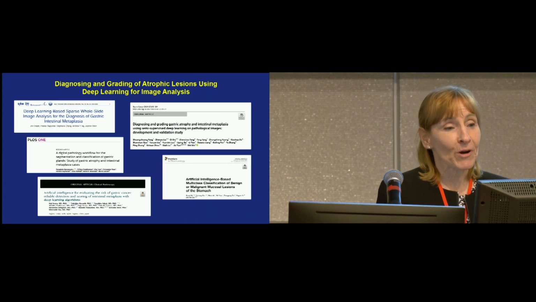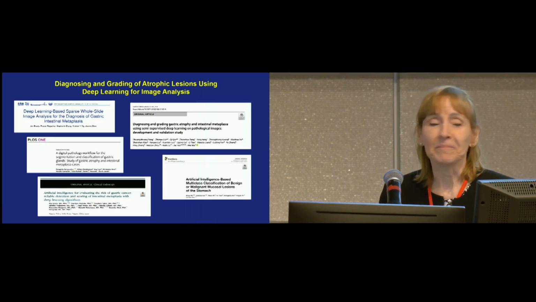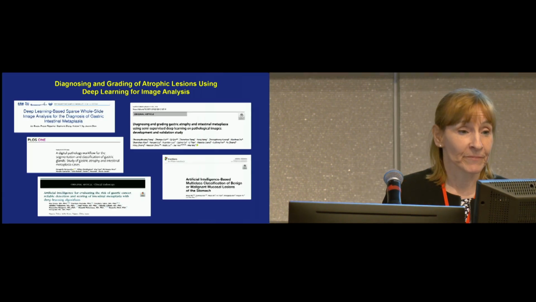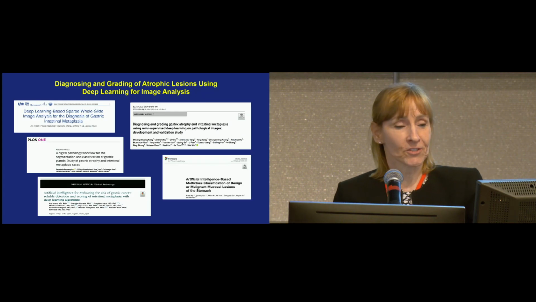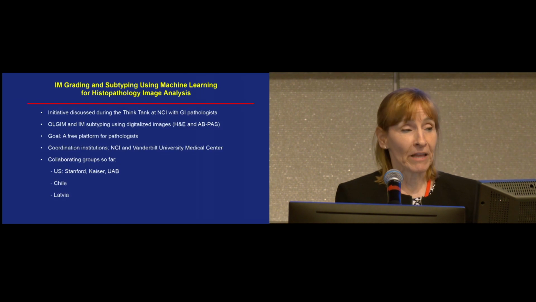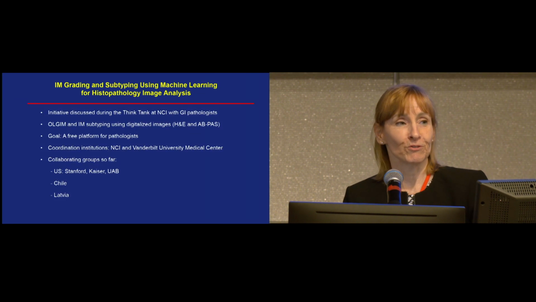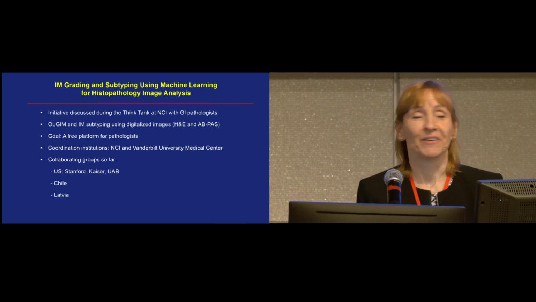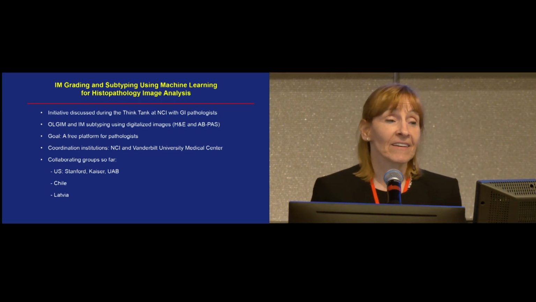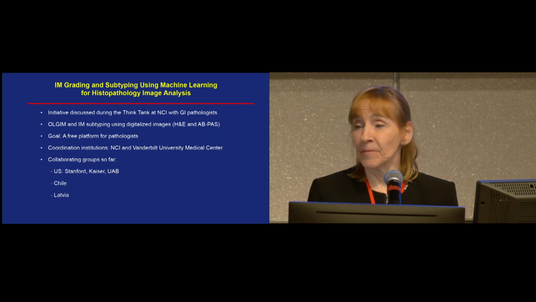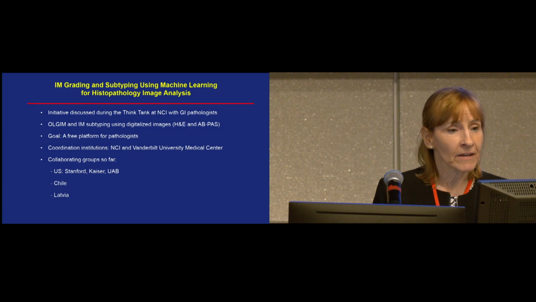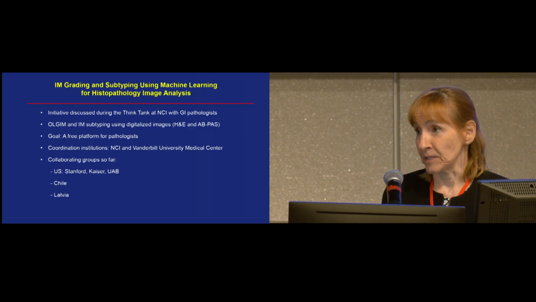So one way to solve the problem would be diagnosing and grading atrophic lesions using machine learning for image analysis. This is just an example of some recent papers about that. And our idea, of course, Constanza is the promoter of everything, but Constanza and I are leading a project about grading, doing the OLGIM system and subtyping intestinal metaplasia using machine learning for the analysis of these images.